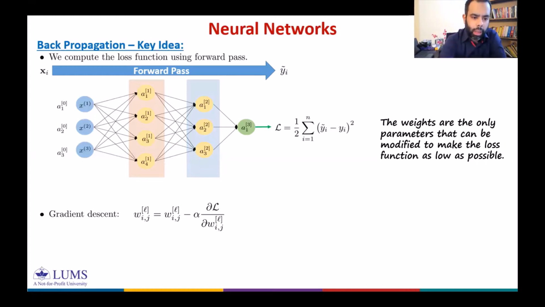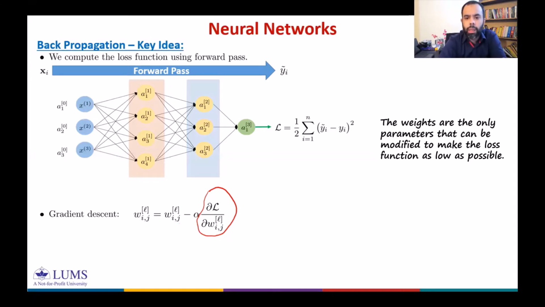And we update it iteratively: previous weight minus alpha times the partial derivative of the loss function with respect to this weight. This is gradient descent, right? So we want to compute this partial derivative of the loss function with respect to this weight. In fact, for every weight w_ij^l, and also for every bias term.